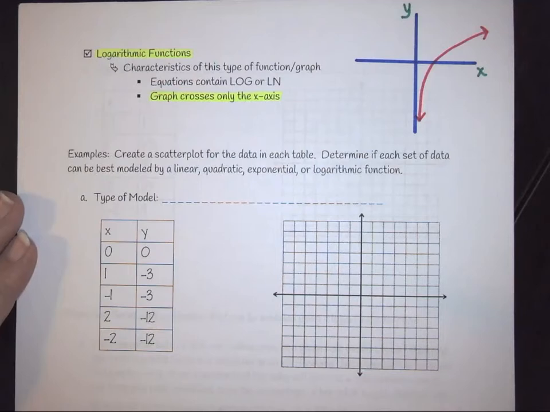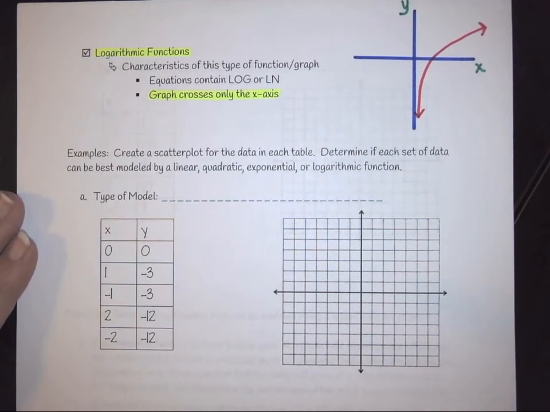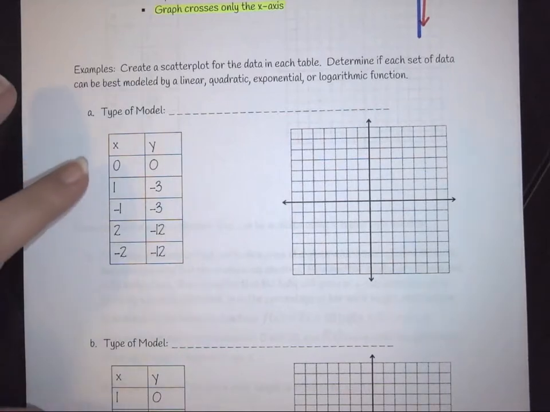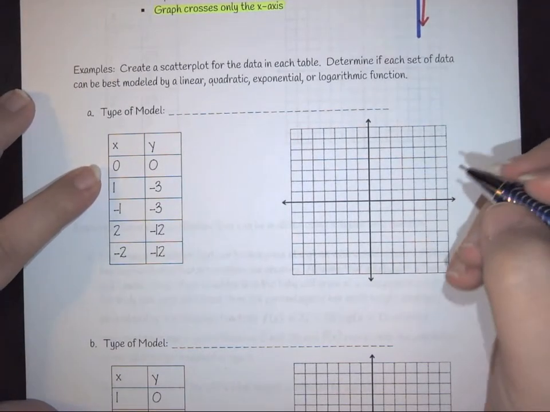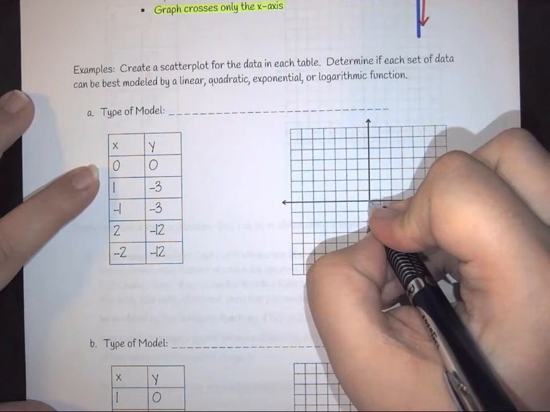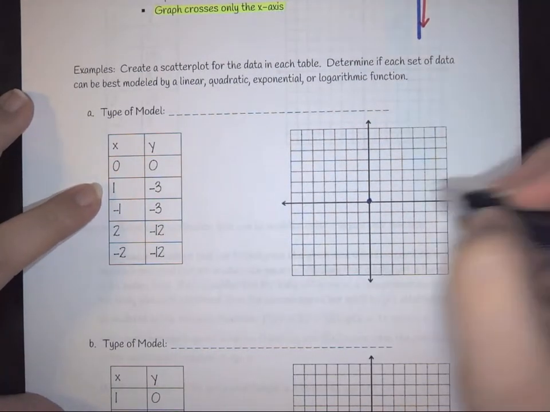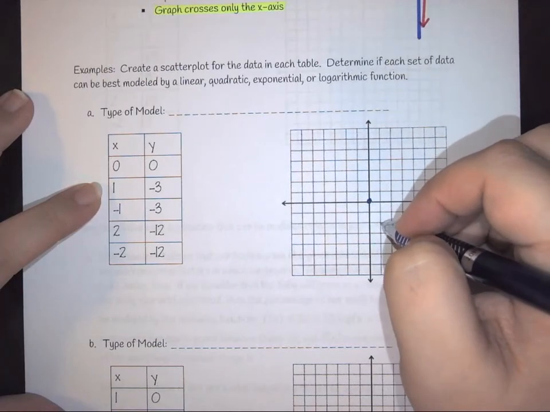So the first thing that we have to do is we have to graph these points here. That's what they mean by scatter plot. So we are going to graph those points and see what happens. So first I have the point 0, 0. So I'm going to graph that down. Then I have the point 1, negative 3. So I'm going to go over 1, down 3.